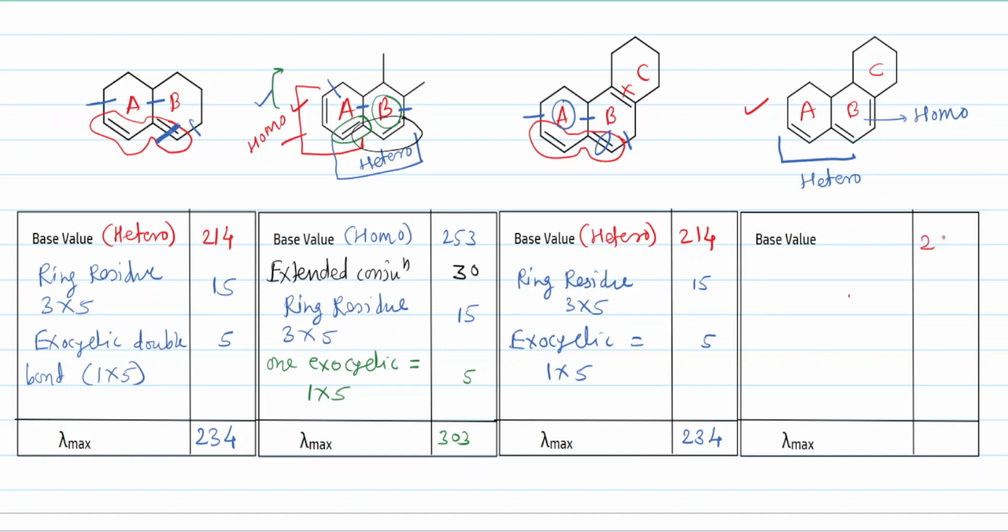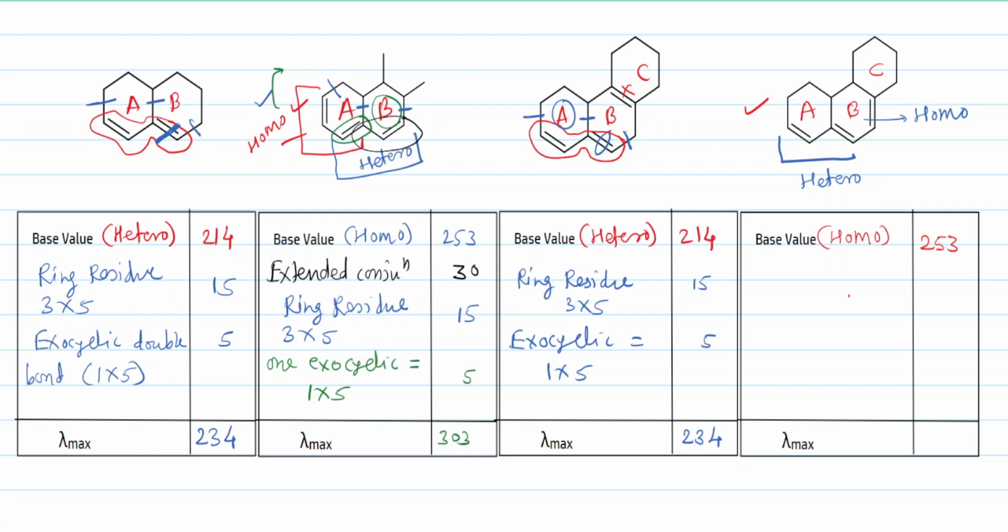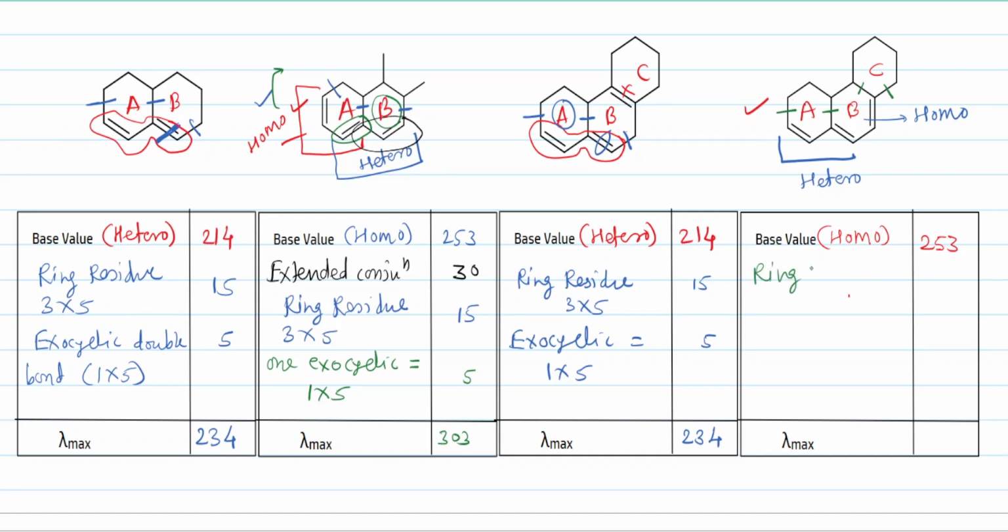So the value is 253 nanometer. I will write here homoannular diene as the parent diene. Then ring residues: this is the first ring residue, this is the second, this is the third, and this is the fourth. So the ring residue, 4 into 5, is equal to 20.